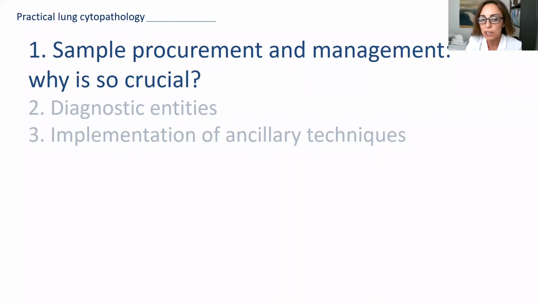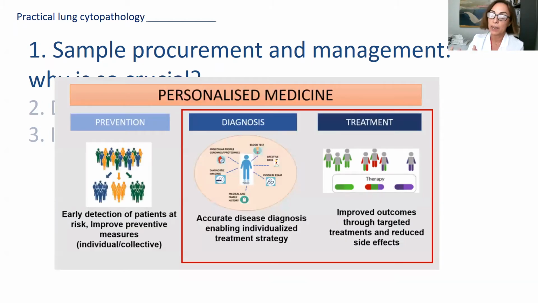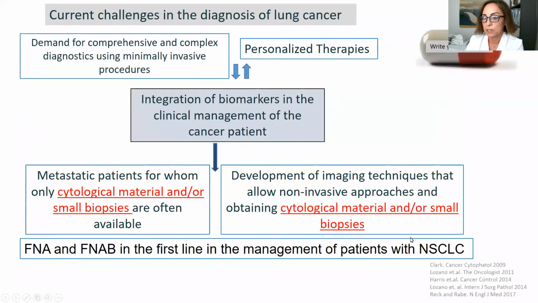Why is sample procurement and management of the sample so crucial? Because we are involved in the world of personalized medicine. That means, of course, prevention, but it also means accurate diagnosis to be able to establish a specific therapy for a specific patient. This is what we call personalized medicine.